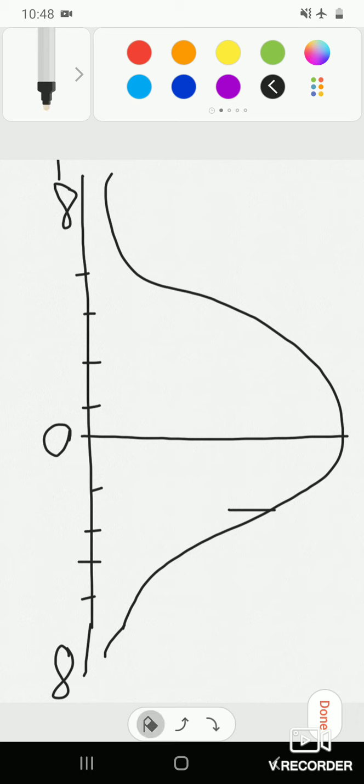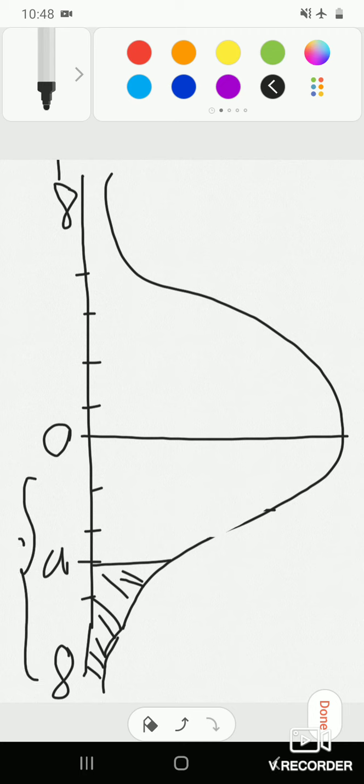Now suppose you want to find the area from 3 to infinity, or greater than 3. We don't know this directly, because x lies between -infinity to +infinity in normal distribution. Suppose you want the whole area from 3 to infinity. We know the area from 0 to infinity is 0.5.